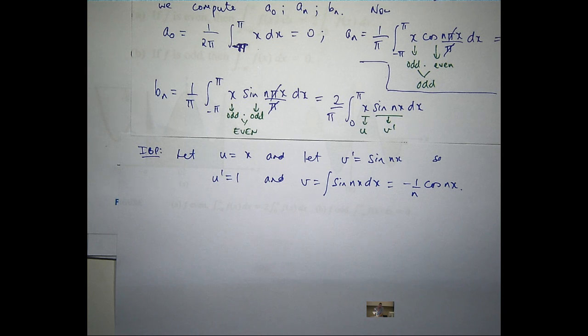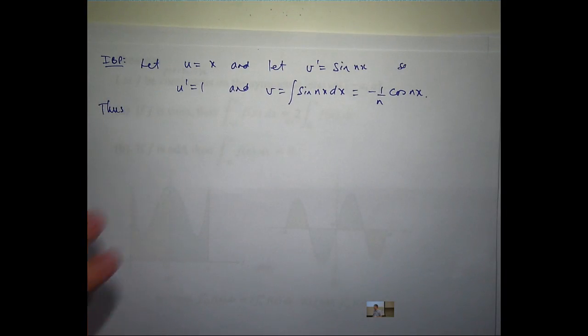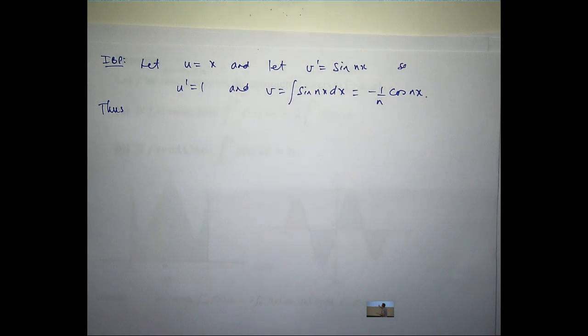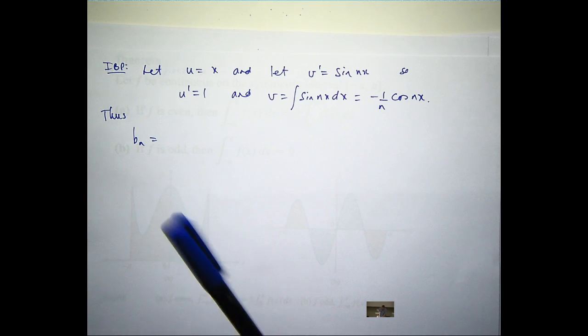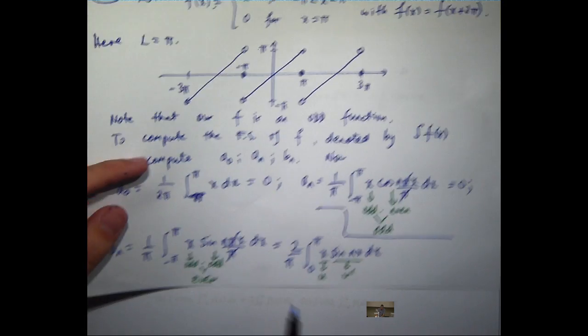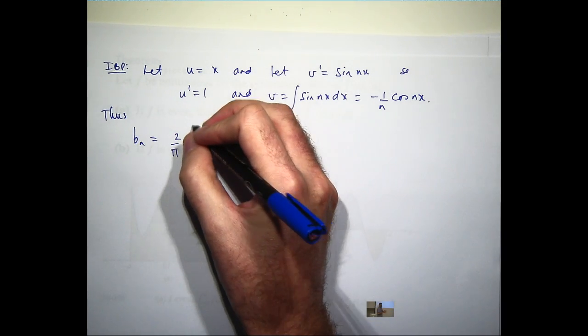Okay, so let's apply my integration by parts formula and see how we go. Now remember, integration by parts is just the following formula. Well, I've got 2 here, so I'll bring that 2 out the front.